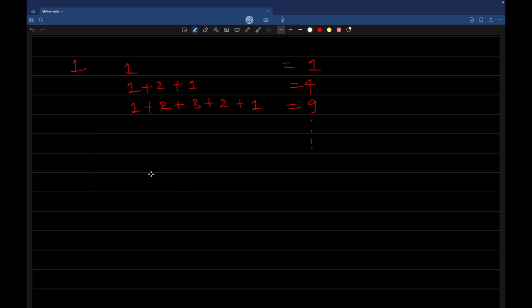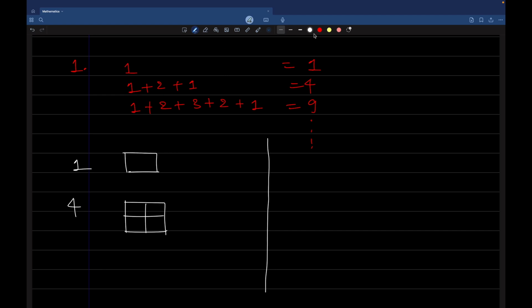Now let us try to visualize this pattern. We will visualize with two different pictorial representations. First is this representation, that is 1, 1 plus 2 plus 1. For example, let us start with this 1. 1 is simply 1 box. Now plot this 4, that is 4 boxes.